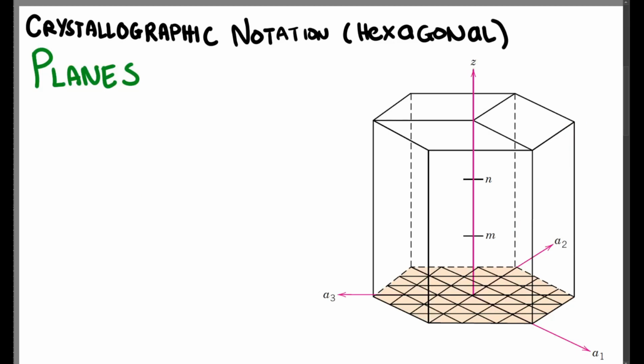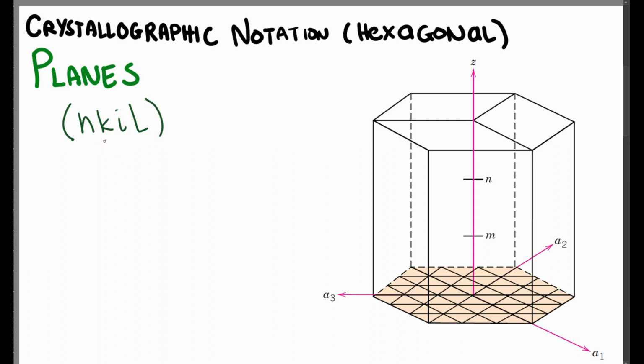Now let's move on to indexing crystallographic planes in hexagonal crystal systems. It is also convenient to represent planes in hexagonal crystals using our 4-index notation. So in this case, instead of UVTW, our planes are now expressed using HKIL.